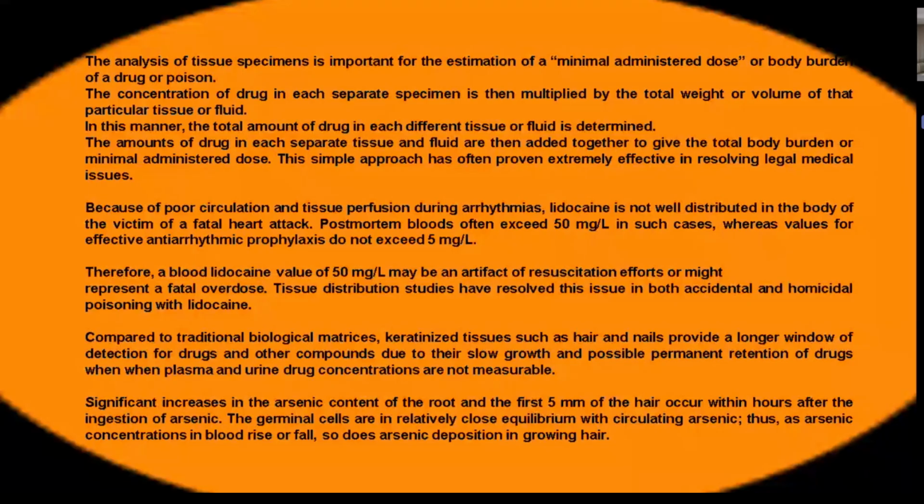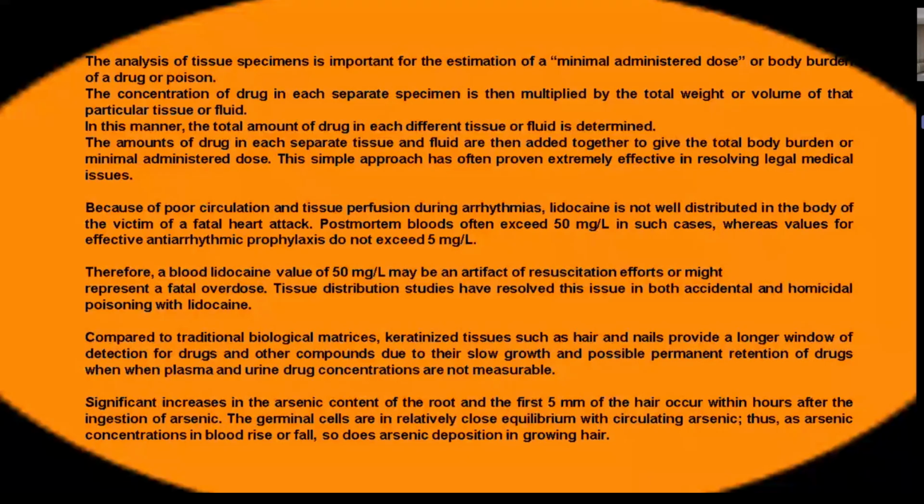So we can find the difference in fluid and tissue, and totally we can calculate how much burden was on the whole body. And this approach is very good in solving medico-legal cases.